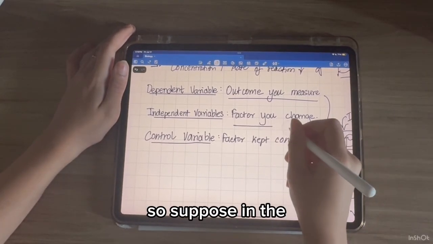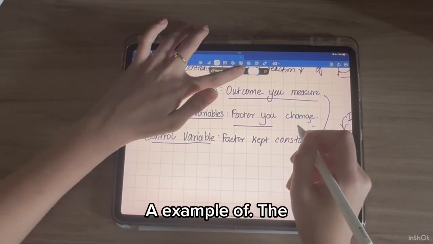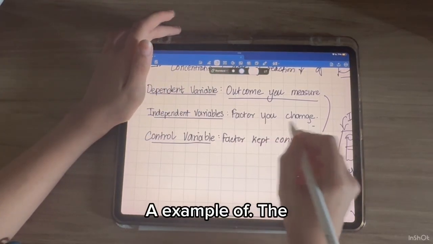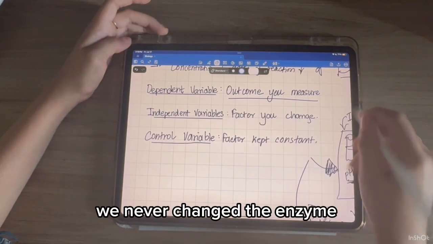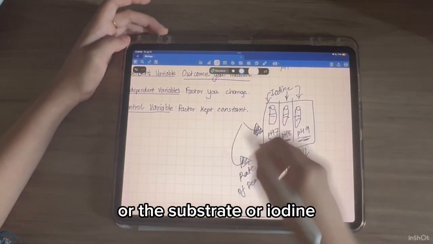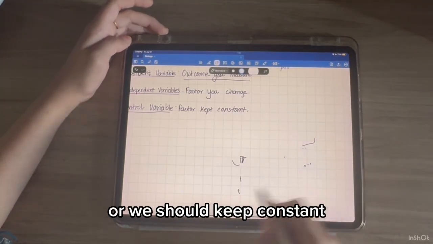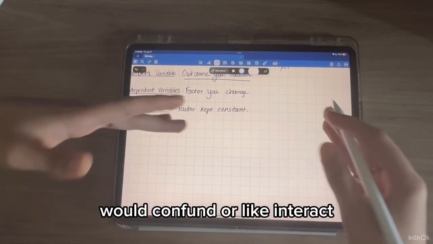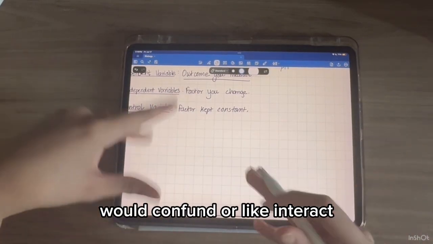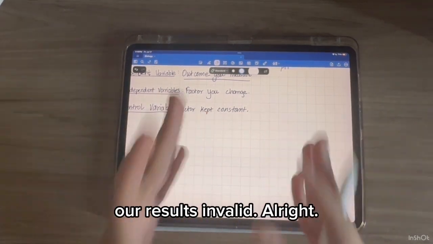Suppose in the above experiment, an example of the constant variable would be how we never changed the enzyme or the substrate or iodine, or we should keep constant the temperature because otherwise it would confound or interact with the experiment and make our results invalid.